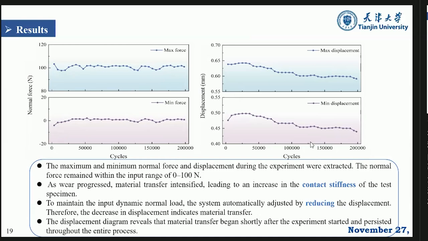Then we analyzed that maybe the contact stiffness has changed. So to maintain the input dynamic load, the system automatically adjusts by reducing the displacement. That is very interesting, and we can use this data to build a further prediction model. It is still on the way, so maybe next year I can share these results.